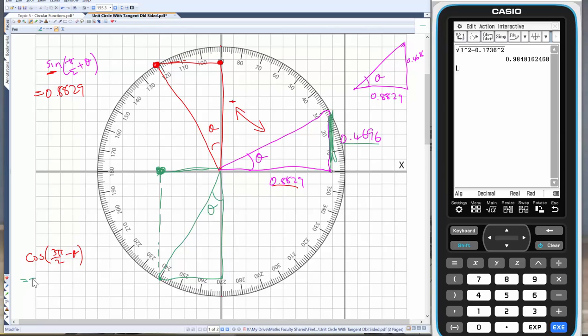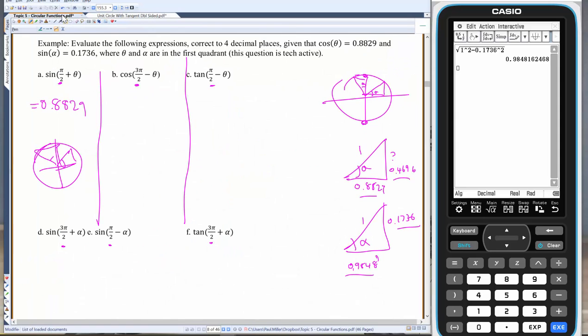So that's going to be equal to negative 0.4696. Negative. Right, so go and pop that in your notes, negative 0.4696. And again, just try to draw that with a unit circle in your notes there to reflect that.